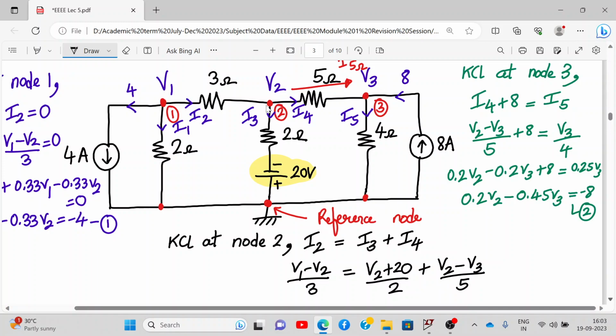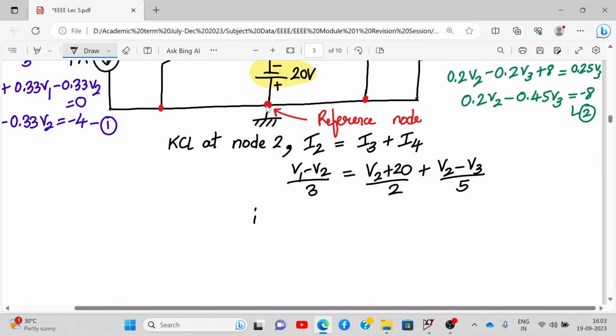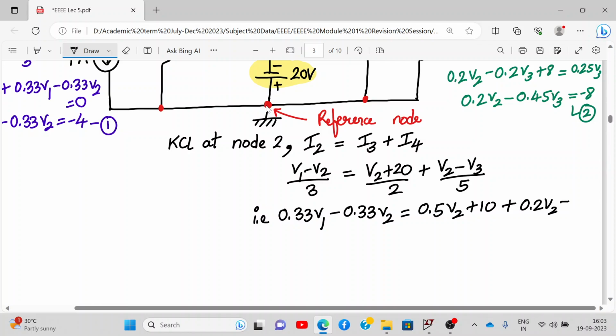So let's solve this. Here we get 1 upon 3, that is 0.33 V1 minus 0.33 V2, equal to 0.5 V2 plus 10 plus 0.2 V2 minus 0.2 V3.